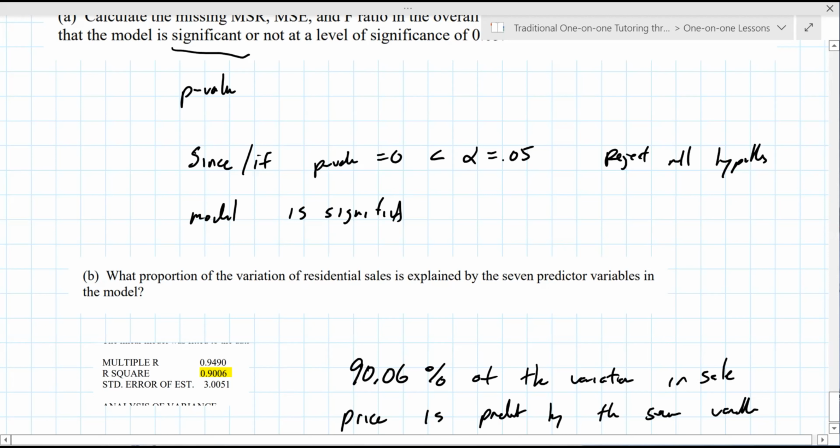And what that means is that those 7 variables tell you 90% of the reason for the sale price. There's some other number of variables that contribute to the other 10%, but these are really good because they tell you 90%. Variation isn't really the right word, but it's 90% of how well it predicts the output.